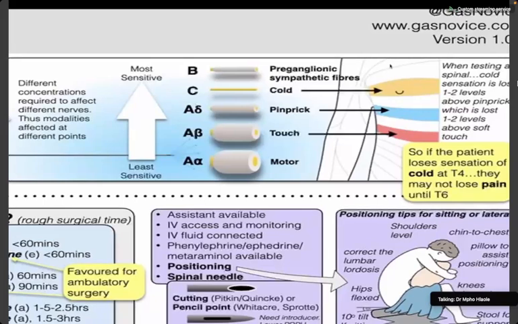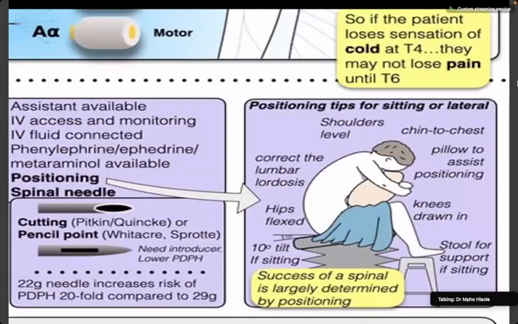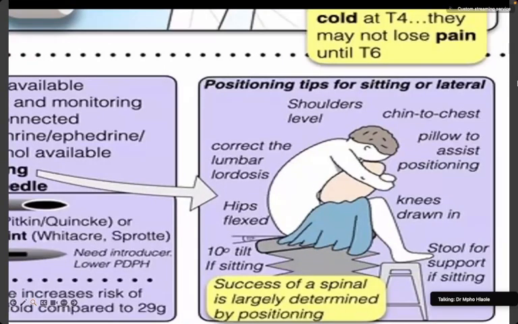Okay. So then I said that if you have a patient, you can give them a pillow to hug, and you can have a chair under their feet so that you can have them in that position where your vertebrae open and it's easy for you to put in the spinal.